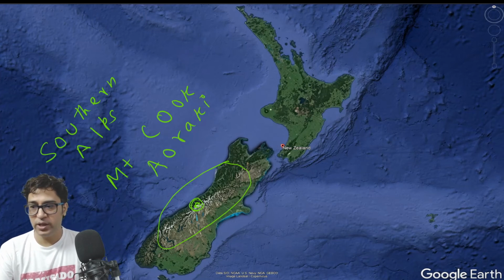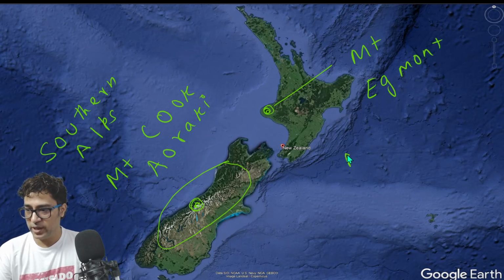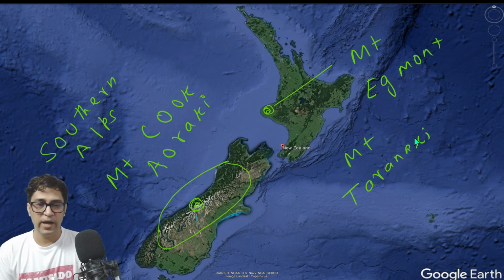And on the northern island of New Zealand, you will find Mount Egmont. It is also known as Mount Taranaki. And this Mount Egmont or Taranaki is a dormant volcano.